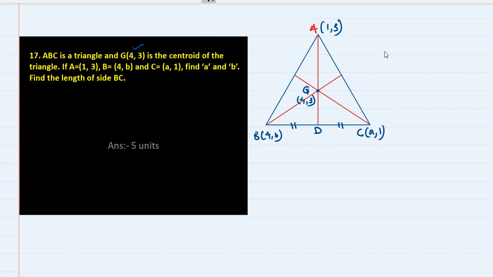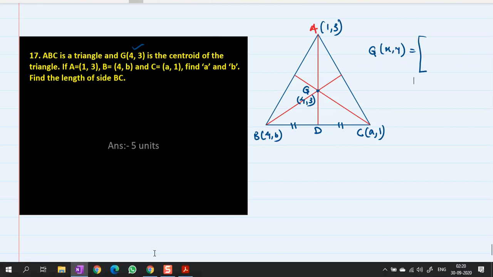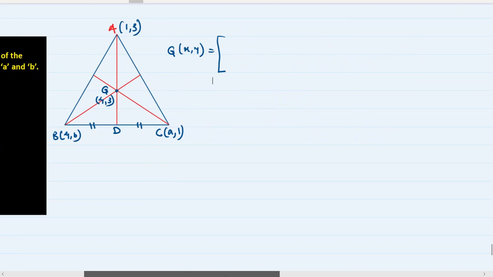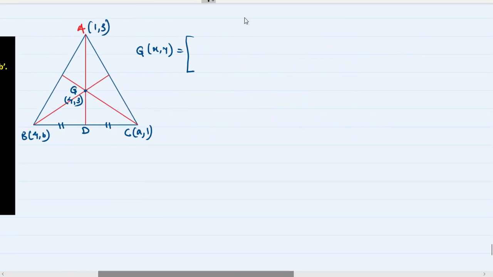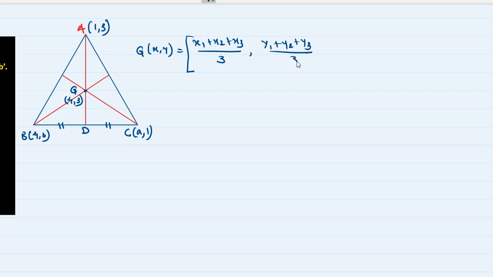So we can use this formula: the coordinates of the centroid are equal to (x1 plus x2 plus x3 by 3, comma, y1 plus y2 plus y3 by 3). I'll show you the use of this formula.